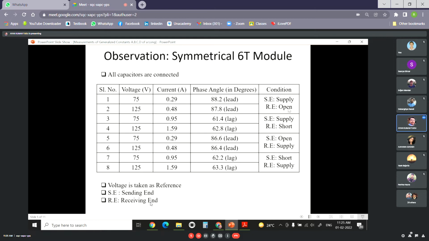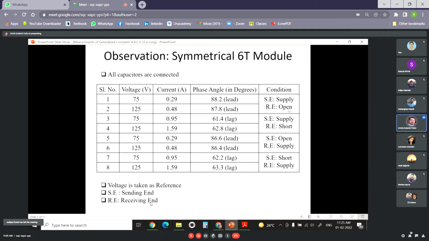This phenomenon is called the Ferranti effect. The current at the sending end at no load, with normal operating voltage applied at the sending end, is called the charging current.